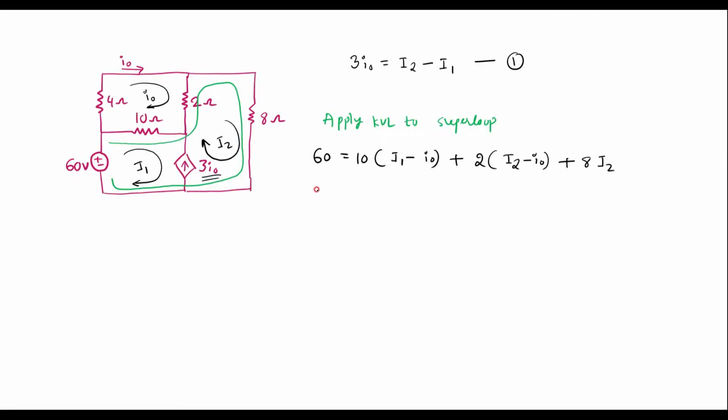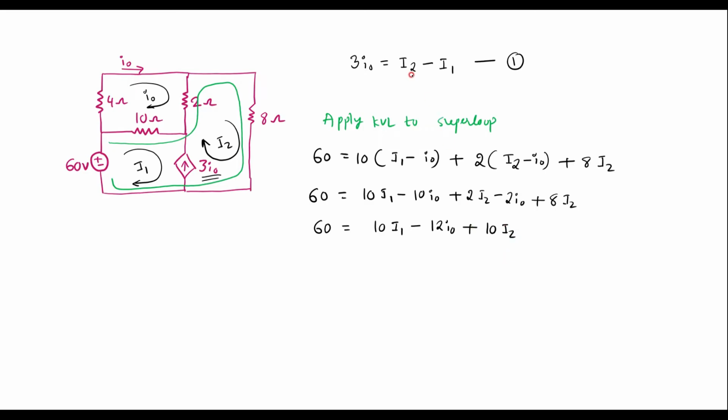Let me simplify this. 60 is equal to 10 I1 minus 10 I0 plus 2 I2 minus 2 I0 plus 8 I2. Simplifying further, 60 is equal to 10 I1 minus 12 I0 plus 10 I2.